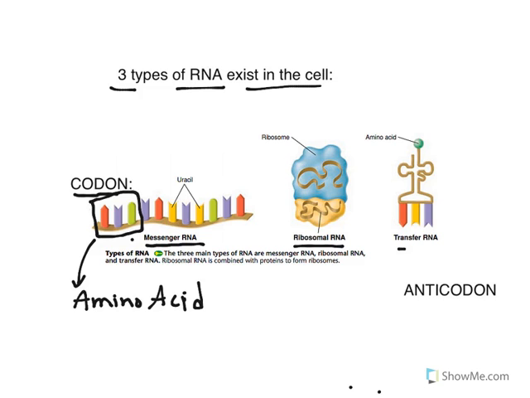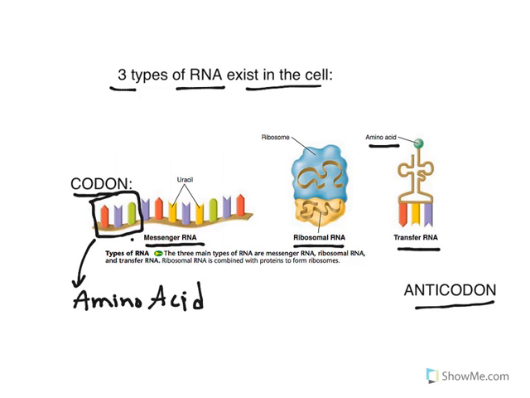The third type of RNA is called transfer RNA, and transfer RNA's job is going to be to pick up a specific amino acid and bring it over to the ribosomes when the proteins are being manufactured. Amino acids are the building blocks of proteins, and they will be lined up in a proper sequence as dictated by the codons in the messenger RNA.